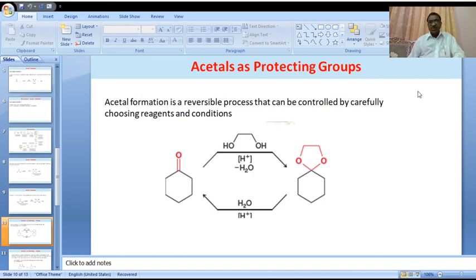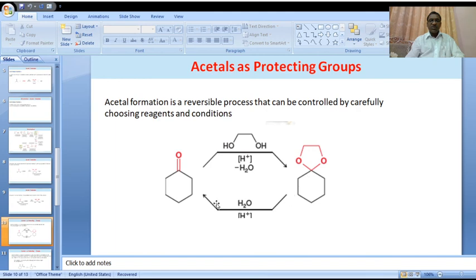In that case, generally this type of protecting group is used here. This particular ketone functional group we are using as a protecting group. This compound on reaction with alcohol in presence of acid acts as a protecting group.